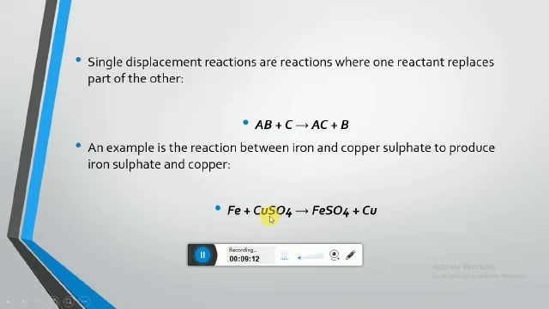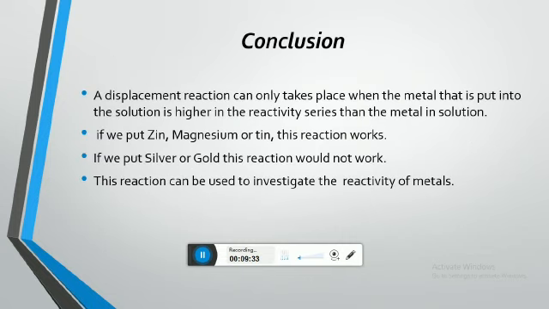Copper sulfate is a compound. So copper is replaced by the iron. That's why we get iron sulfate, and at the end we get copper as a separate element, which is another metal. This is how they are displaced in single displacement reactions.